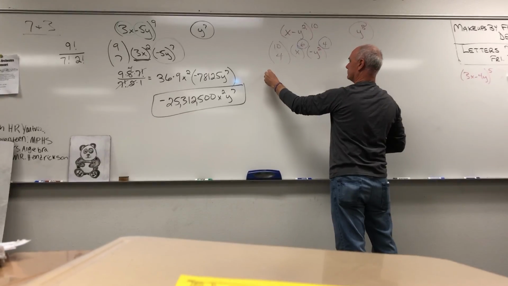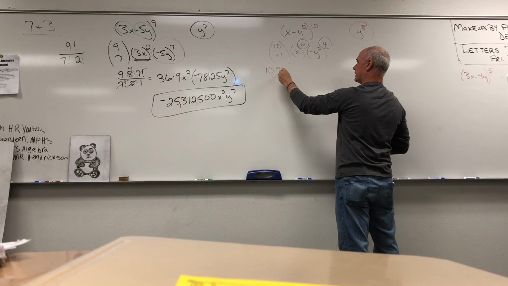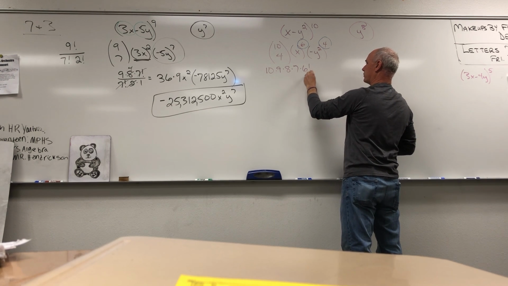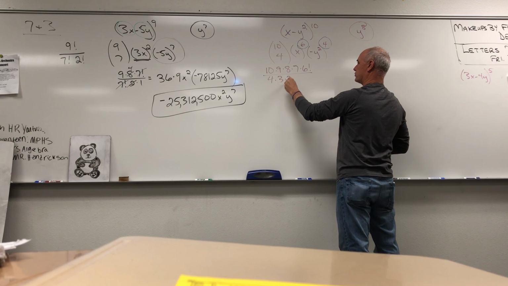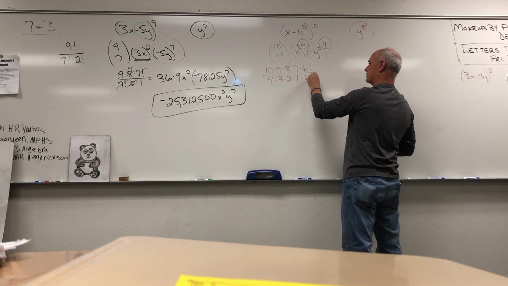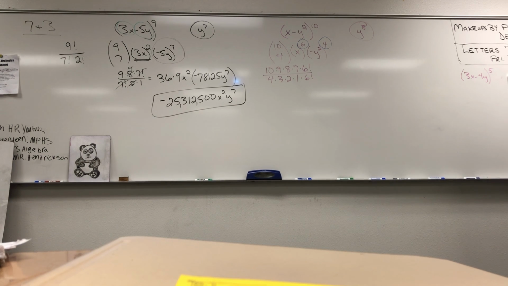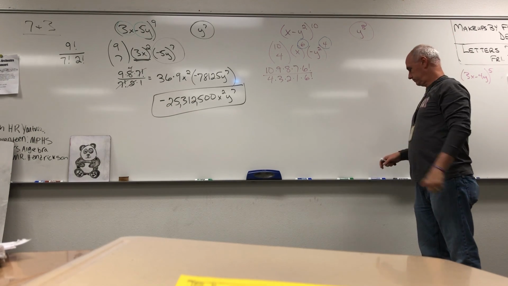All right, so now I like to do these first. So tell me what to write. 10 times 9 times 8 times 7 times 6 factorial over 4 times 3 times 2 times 1 times 6 factorial. Oh, because 6 and 4 equal 10.